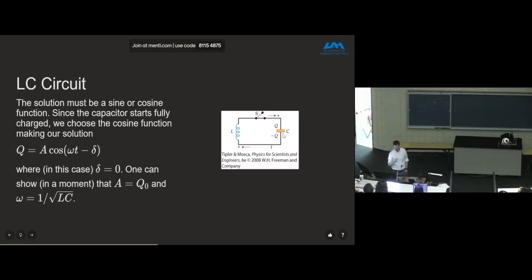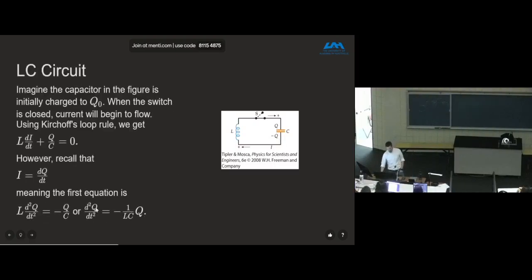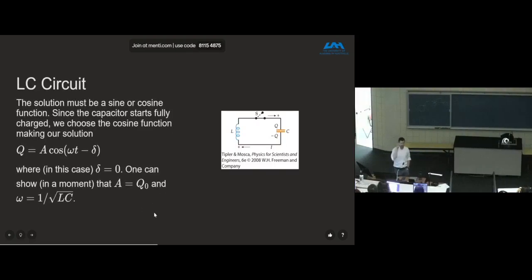So cosine of omega t minus delta. Delta is just, how can I say this? When you do differential equations, if you take that class or have already taken the class, for the order of differential equation that you have, meaning the order of derivative that you have, this would be a second order differential equation, you will find that you have one undetermined constant of integration for every derivative that you have.